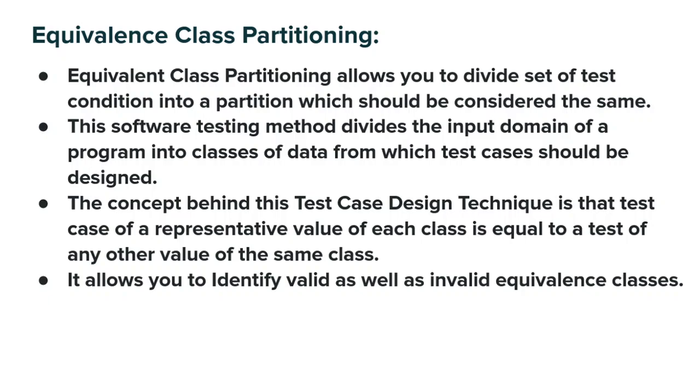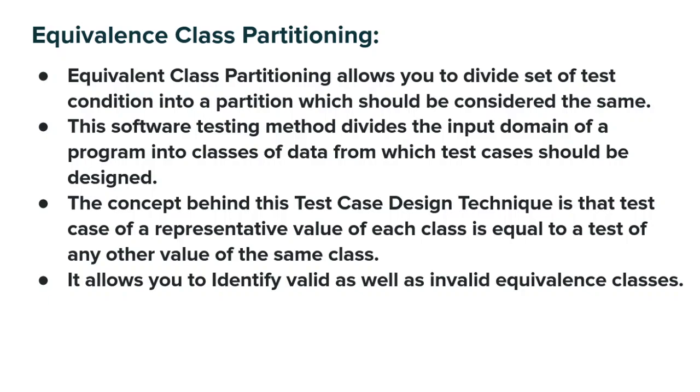So just understand, if there is a scenario where there are multiple types of test data or a large number of test cases need to be selected, what we do is divide the data into classes based on some specific values.